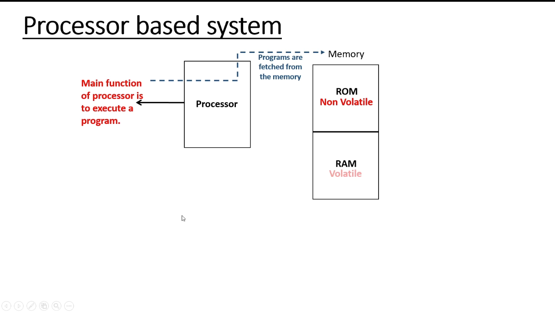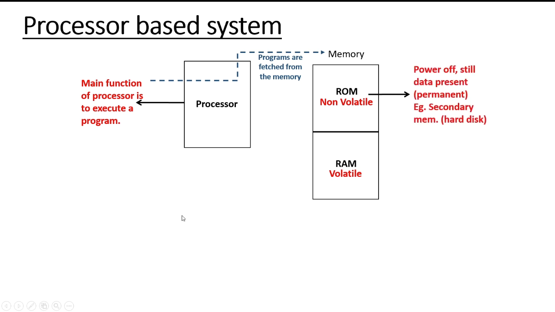And RAM is used for storing the runtime data. If the microprocessor is performing any operation on data, that data is temporarily held by the RAM, random access memory. So why are these two memories used in a microprocessor system? ROM is a non-volatile kind of memory.